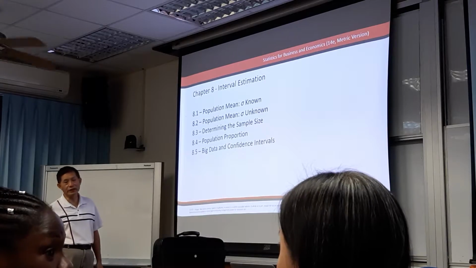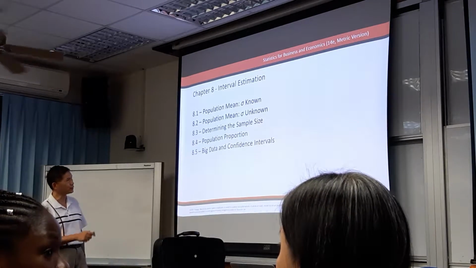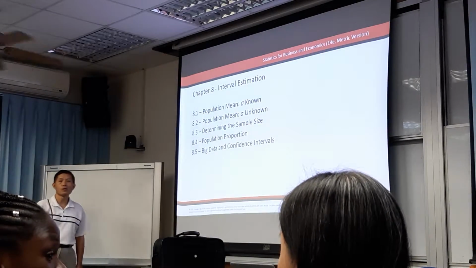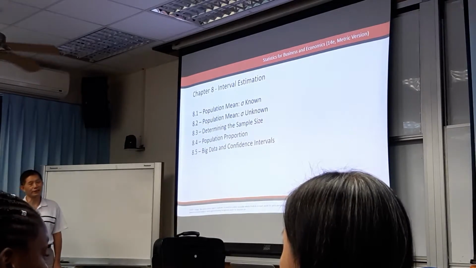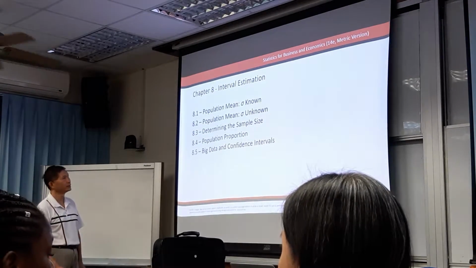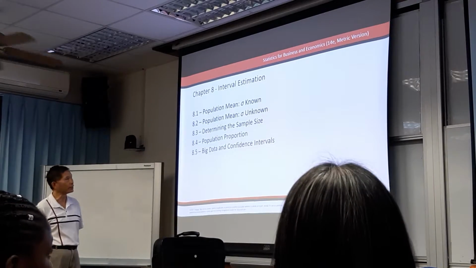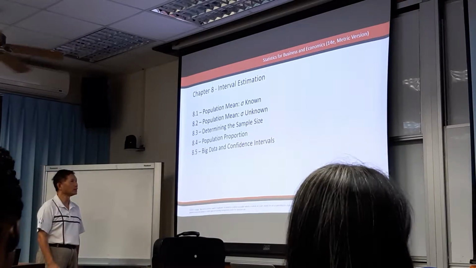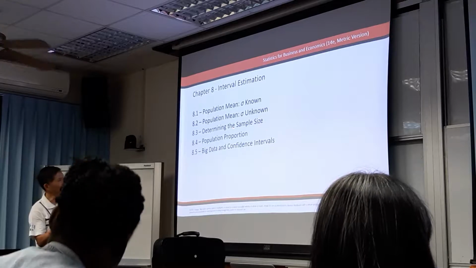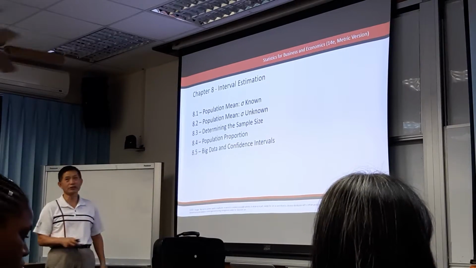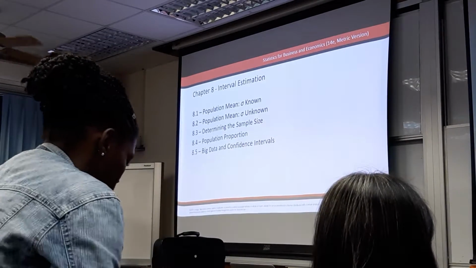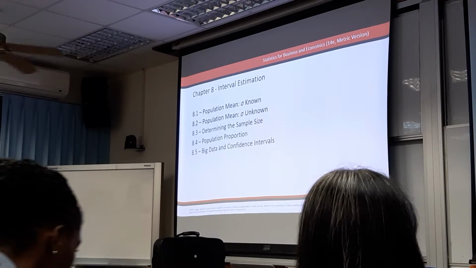But the software always conducts the t-test for you, so you cannot get a z-test. You need to get it by hand, by formula. And if you design your margin of error, you can calculate how big a sample size you need to collect.